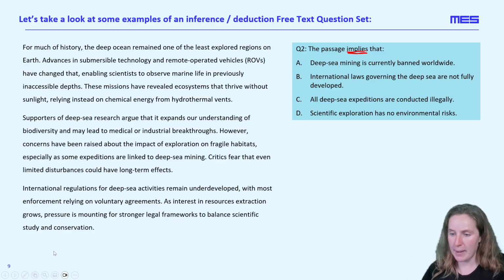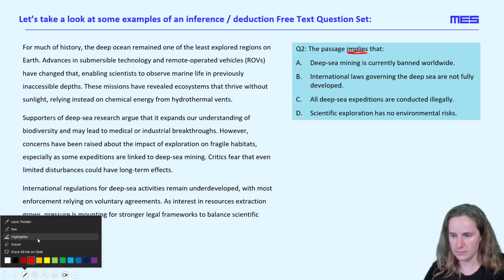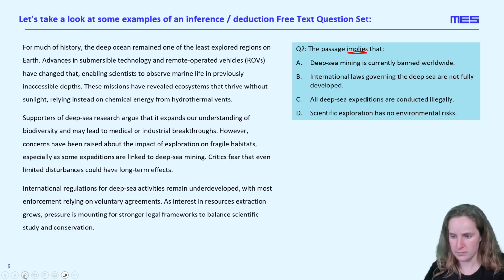If we take a look back in the passage, we can see that when it says banned worldwide, if we scan back over, we have a lot of tentative language here.